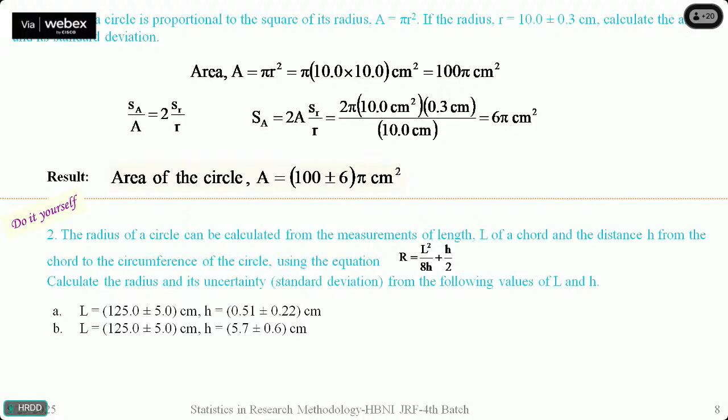So for L, I will not derive the entire one. 5.0 divided by, please see, this is the value or not. You want the final answer or your derivation?